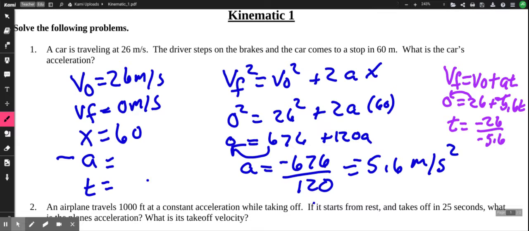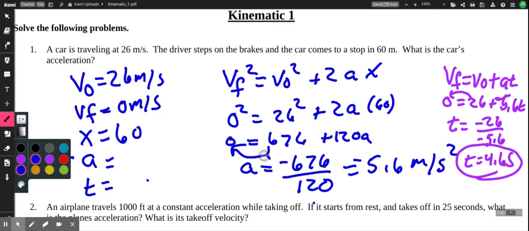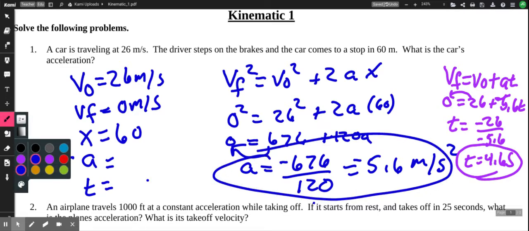And so when we plug that into our calculators, we get the value of 4.6 seconds. So t is 4.6 seconds. So we've used the first kinematic, and we have used the 3rd kinematic to solve this problem.